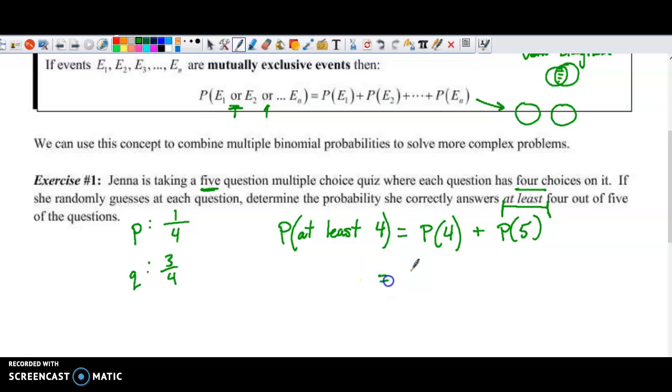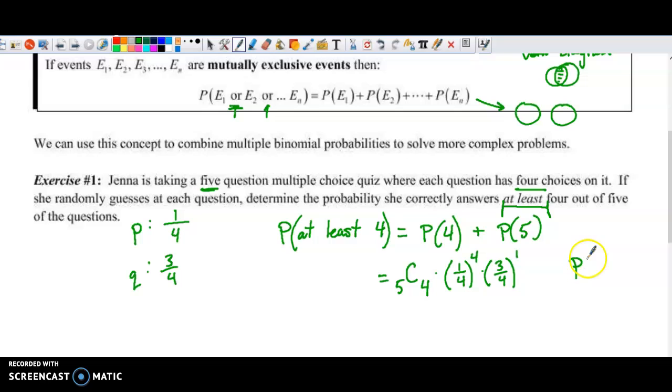So in this situation, remember there's 5 questions and we're trying to get 4 correct. Maybe I should have color-coded this. That's okay, I think you can follow. We want the probability of getting 4 of them correct and 1 of them wrong. So that's the probability of getting exactly 4.